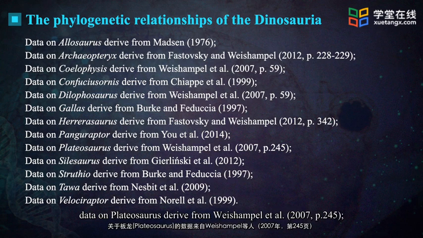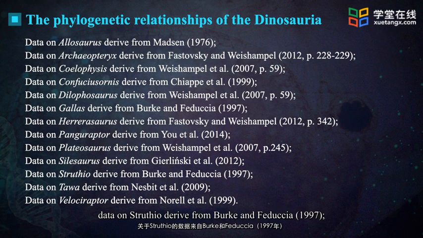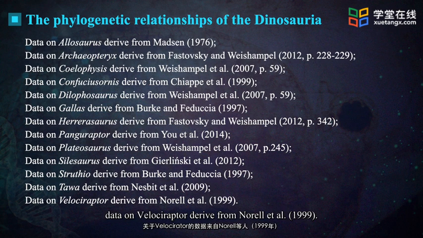Data on Plateosaurus derived from Weishampel et al., 2007, page 245. Data on Silesaurus derived from Gierlinski et al., 2012. Data on Struthio derived from Burke and Feduccia, 1997. Data on Tawa derived from Nesbitt et al., 2009. Data on Velociraptor derived from Norell et al., 1999.